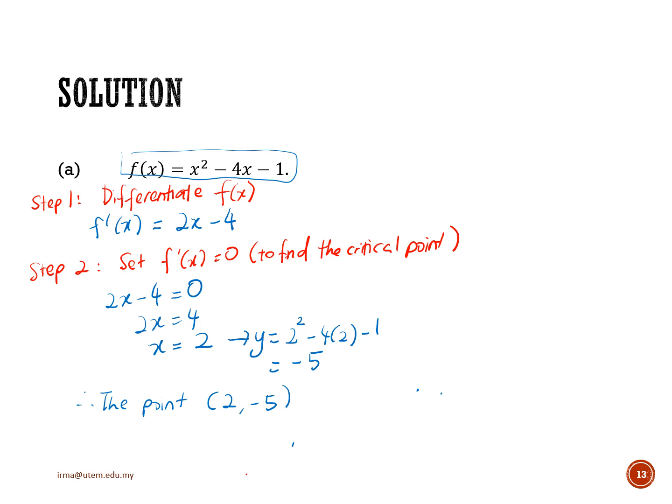So step 3, we need to classify the point whether it's maximum or minimum. So how to classify that? We have just now the x value is 2, so maybe we can put it in a table.